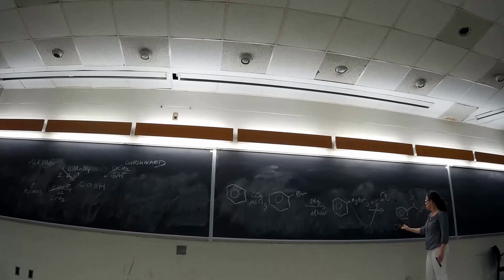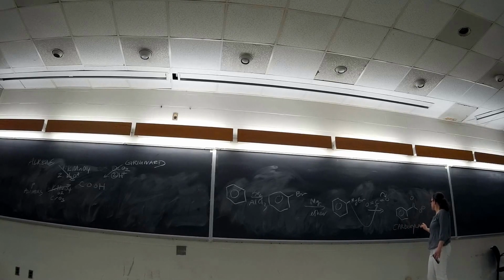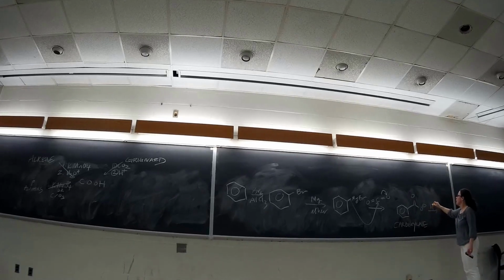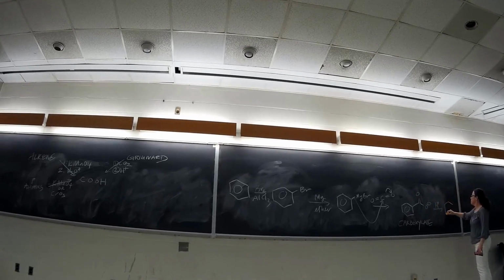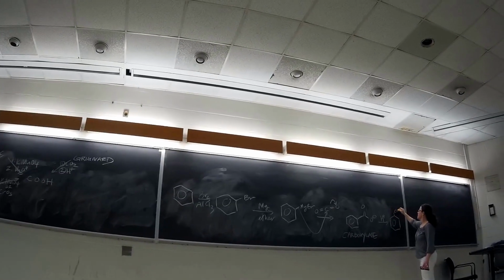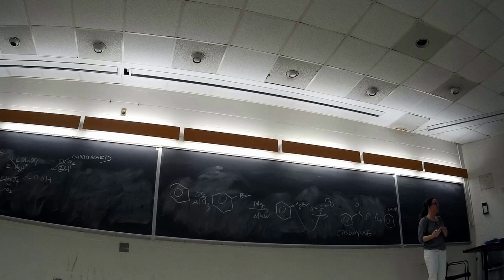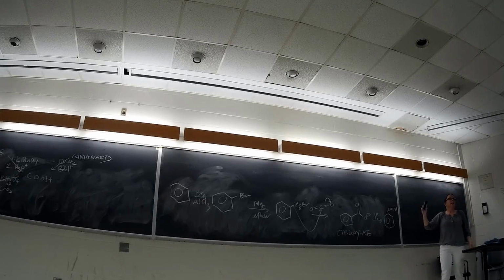We will be using this terminology, so I'll write it down. Carboxylate. Okay? And the carboxylate, when acidified, will give me, in this case, benzoic acid. Voila. This is a new reaction. You can create it from any alkyl halide.